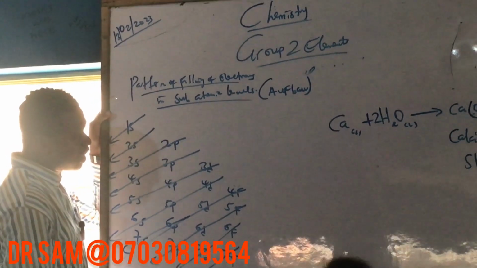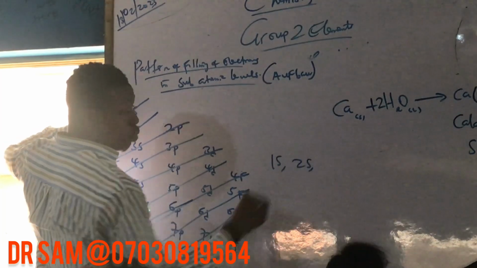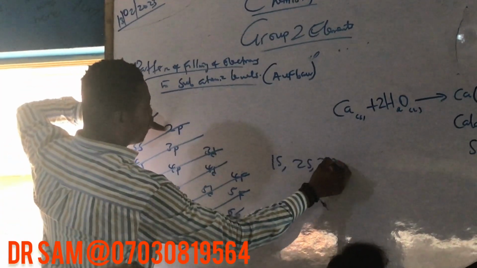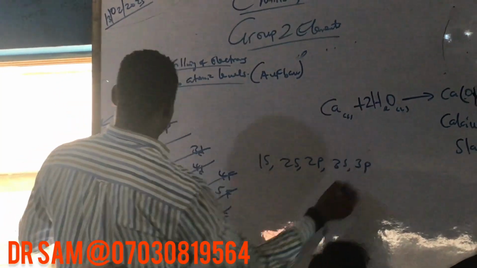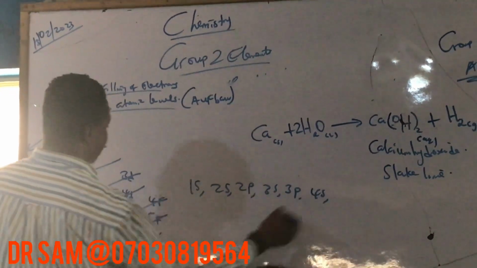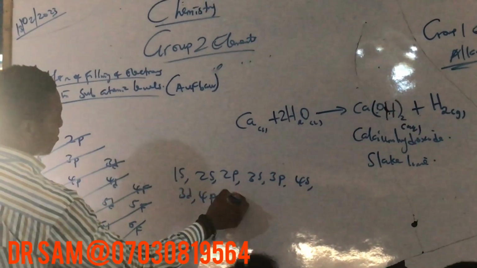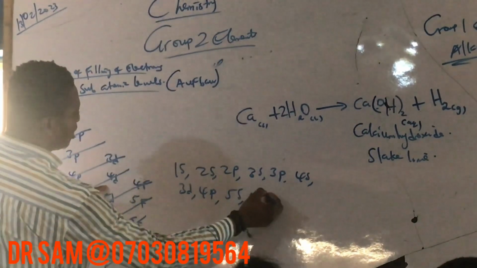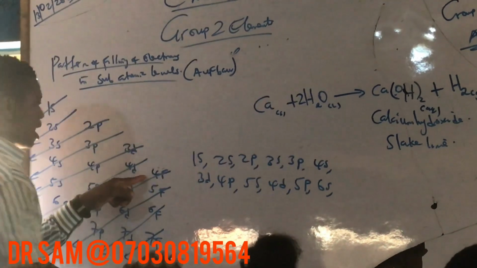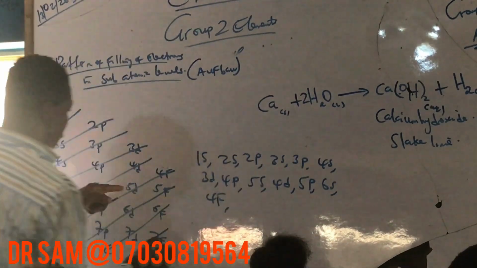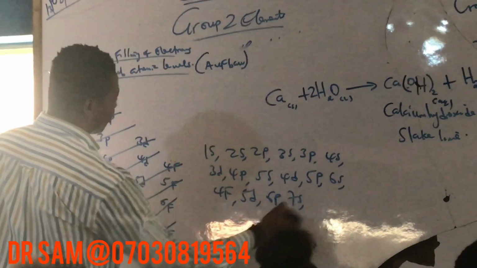So what we are saying is that if you want to fill it, 1s will be filled before 2s. 2p will be filled before 3s. Then 3p before 4s. Then 3d before 4p and 5s. Then 4d before 5p and 6s. Then 4f before 5d, 6p and 7s.